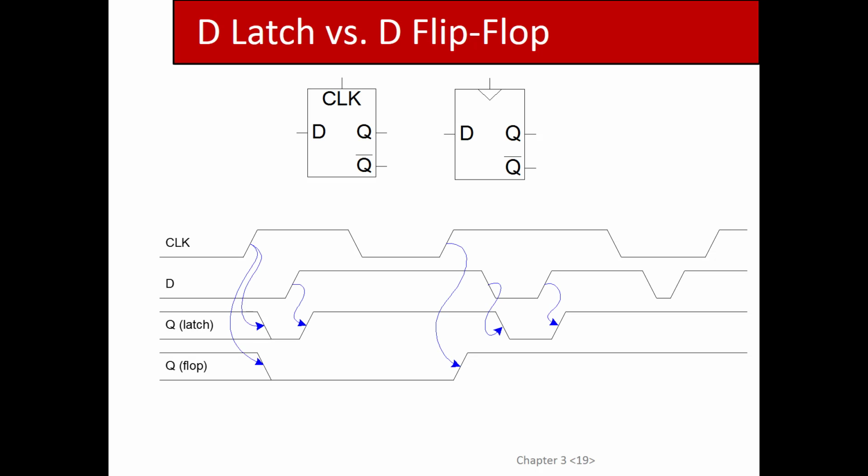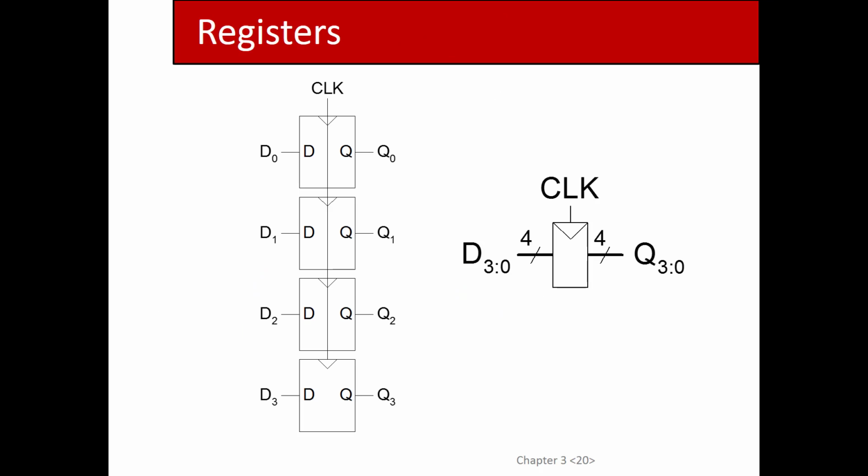So this is a timing diagram that shows the difference in behavior. This is what I just got done saying. A register, if you have multiple flip-flops that are together and they all have the same clock, but each D is a different bit of a multi-bit signal, right? Then it's called a register.